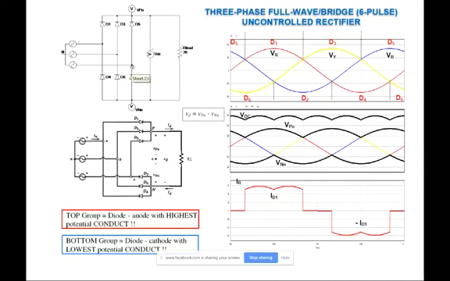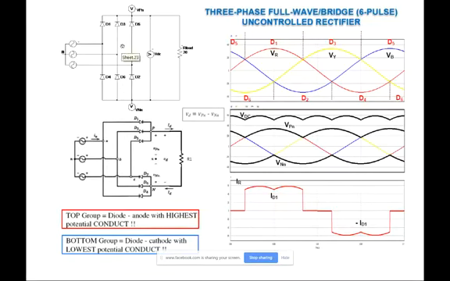Having said that, it is very crucial that we follow the labeling of the arrangement of D1, D3, D5, D2, D4, D6 before we proceed, right? There is a reason why the diode labeling is always in the order D1, D3, D5, D2, D4, D6. We're going to look later at why it is labeled this way.